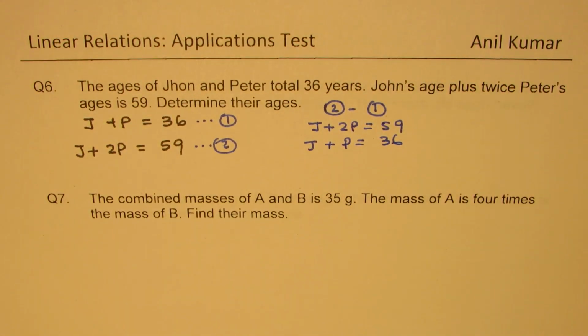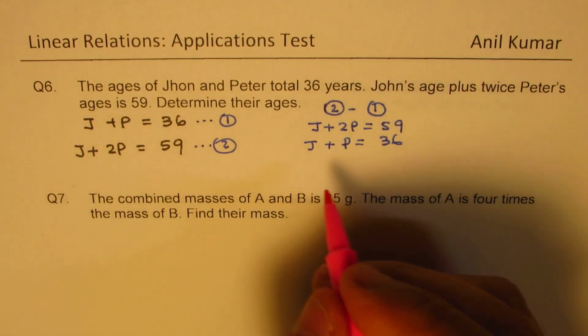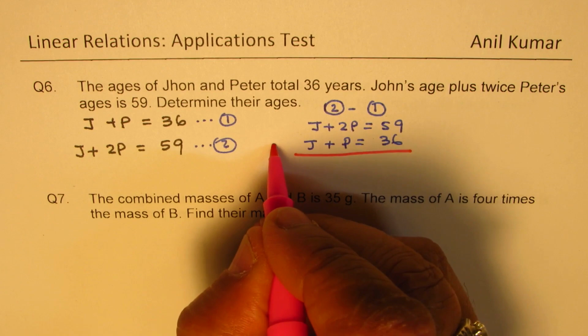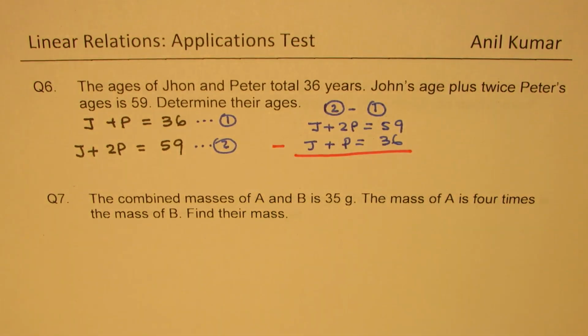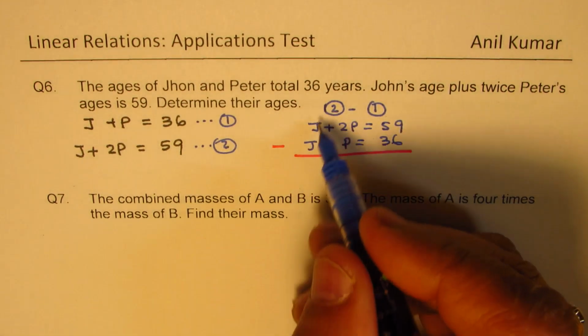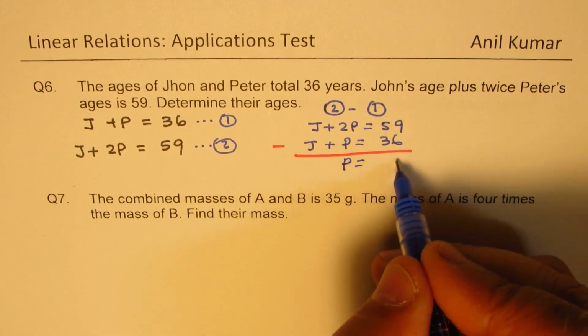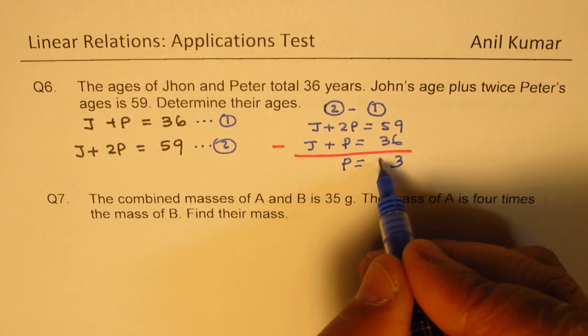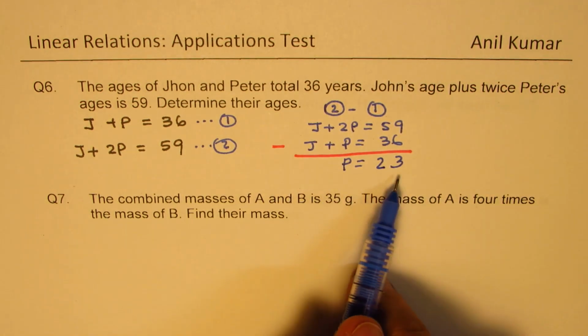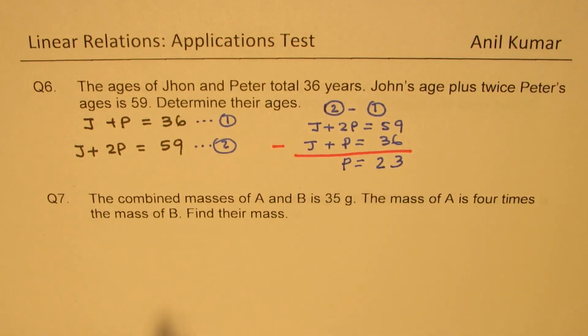Now if I take the difference between the two, as you can see, J and J cancel. 2P minus P is only P, and 59 minus 36 gives us 23. So directly we get the value of P, correct? So now we know the age of Peter is 23.